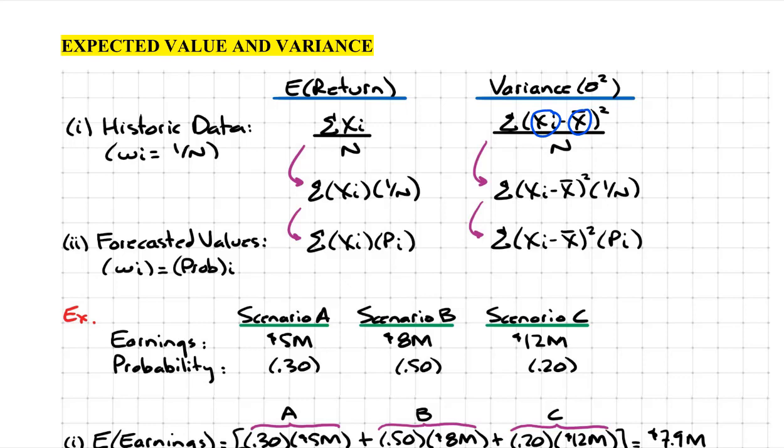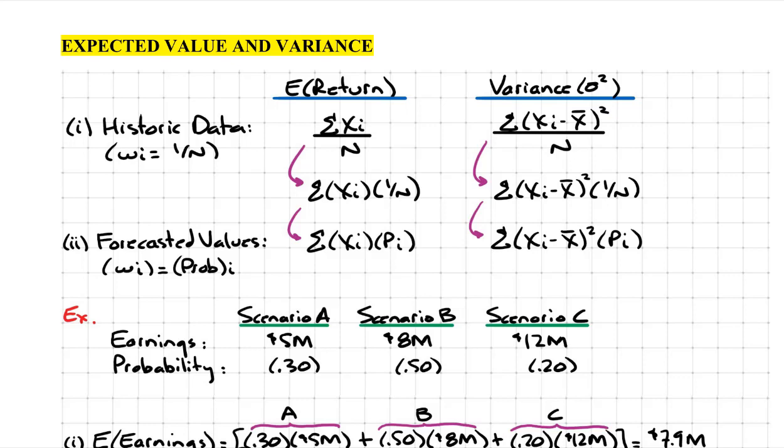So if we were just to add up these positive and negative dispersions, they would simply cancel each other out. Well, we don't want that. We want to know the size of the dispersion and not the direction. So how do we make sure the positive and negative dispersions don't simply cross each other out? We square the dispersion. So now even the negative dispersions become positive.